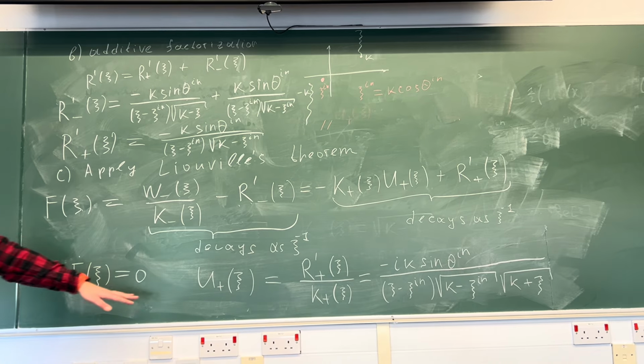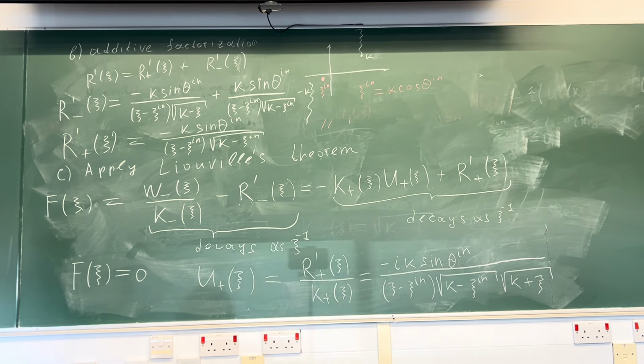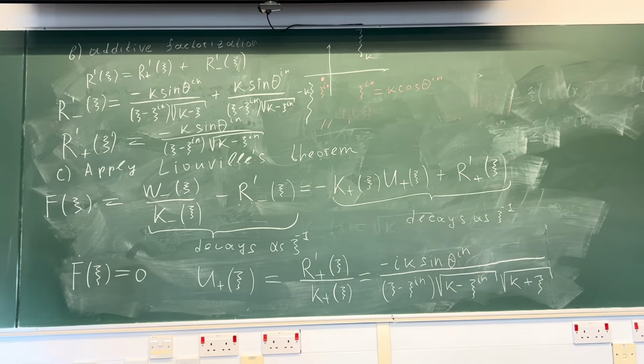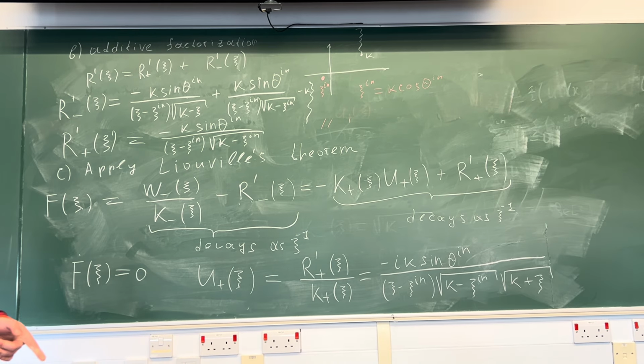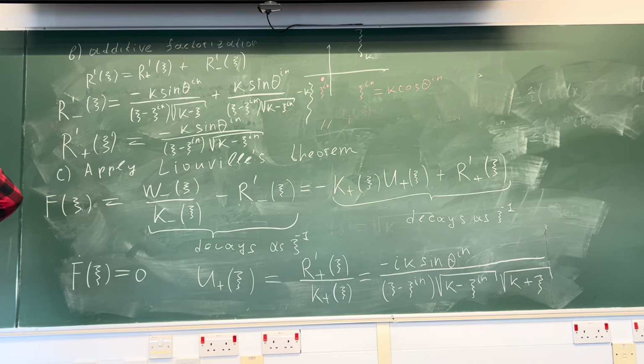And this thing is a Fourier transform of the scattered field on the half plane. That's how we define it.